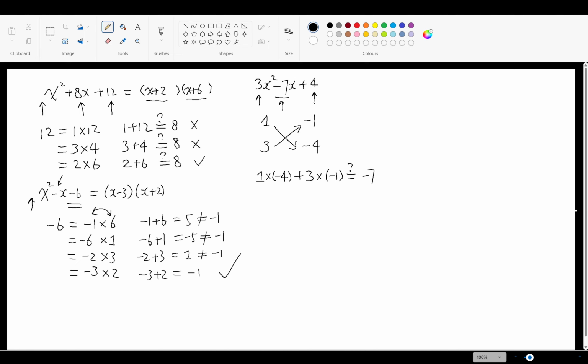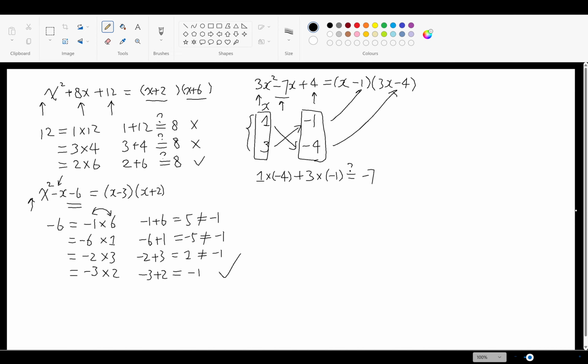So in that case, this quadratic expression can be factorized as x minus 1 multiplied by 3x minus 4. So basically you see here, this column, the following column, will be used as the coefficient of x. And this column will be used as the constant part, corresponding to these positions, okay?